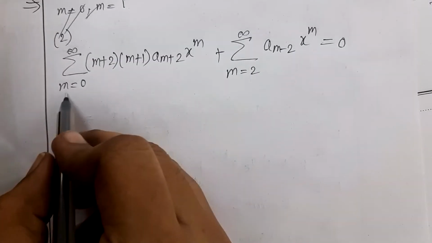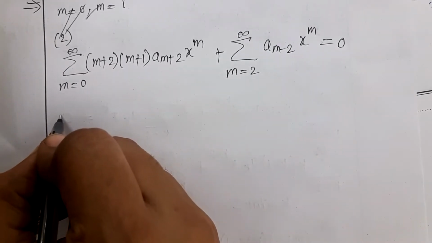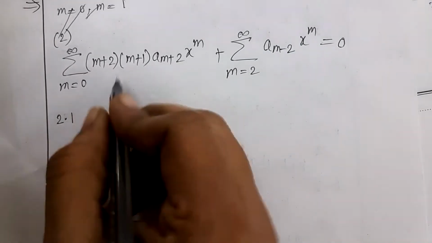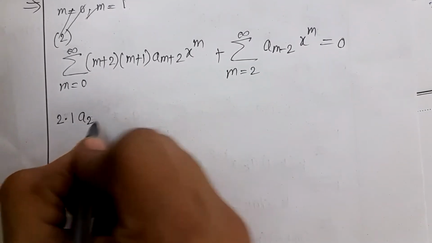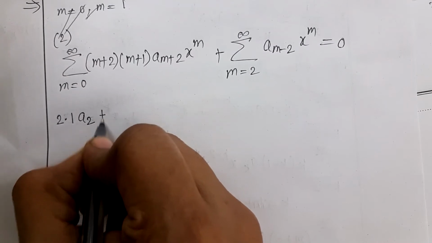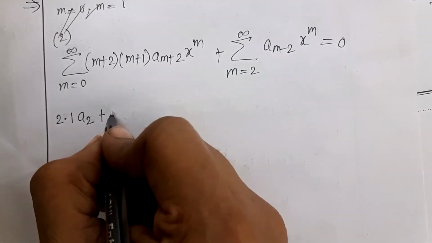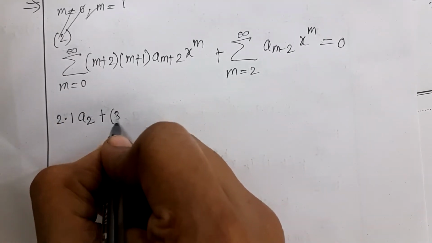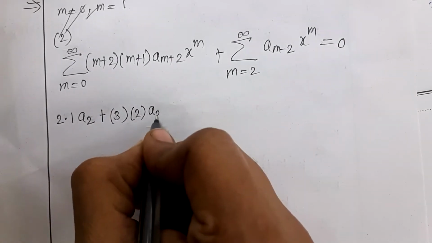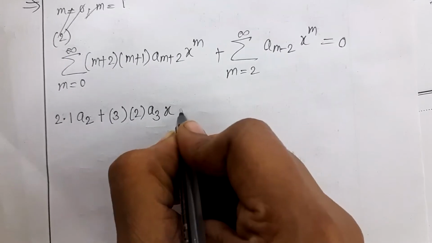So this is equal to, put m equal to 0 first. m equal to 0 means 0 plus 2 is 2 multiplied by 1, a_2 into x to the power 0 which is 1, plus m equal to 1. So it is 1 plus 2 is 3, 1 plus 1 is 2, a_3 x, plus.